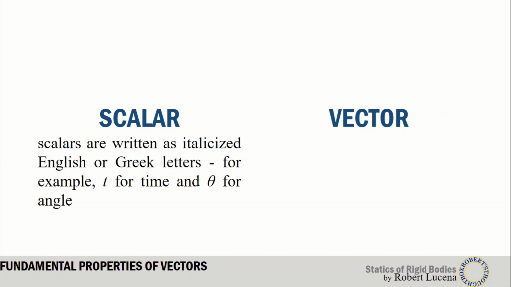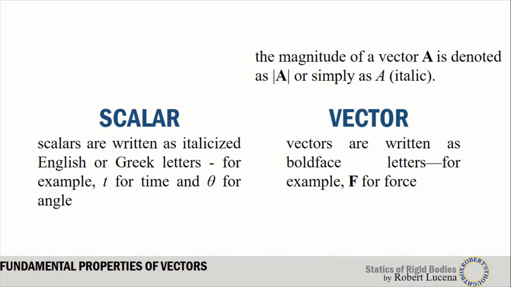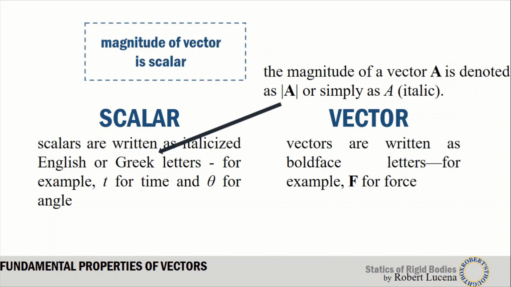In this lecture, we are using italicized letters for scalar quantities, and we will use bold letters for representing vectors. If you want to get the magnitude of a vector, we can use the absolute value sign, or we can simply rewrite the vector in bold letter in italicized form to have its scalar equivalent.